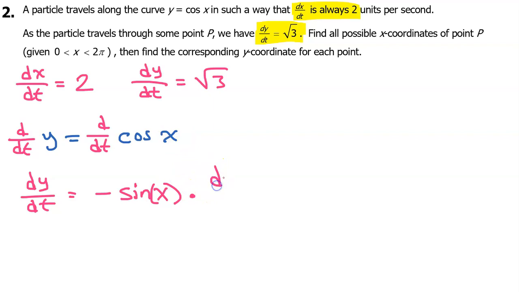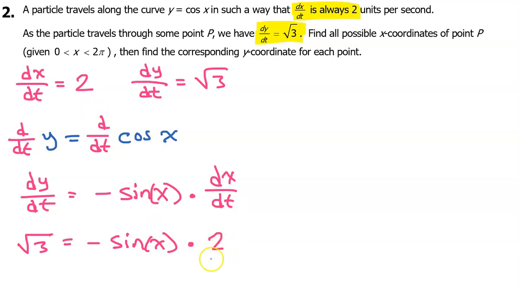In other words, we multiply by dx dt. So let's look at our inventory. We are given that dx dt is 2, so let's plug that in right here. And dy dt is radical 3, so we're going to plug that in right here. So we have radical 3 is equal to negative sine x times 2.